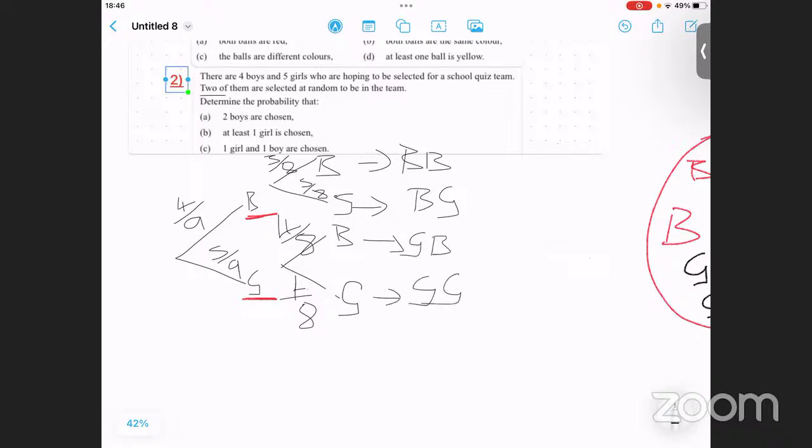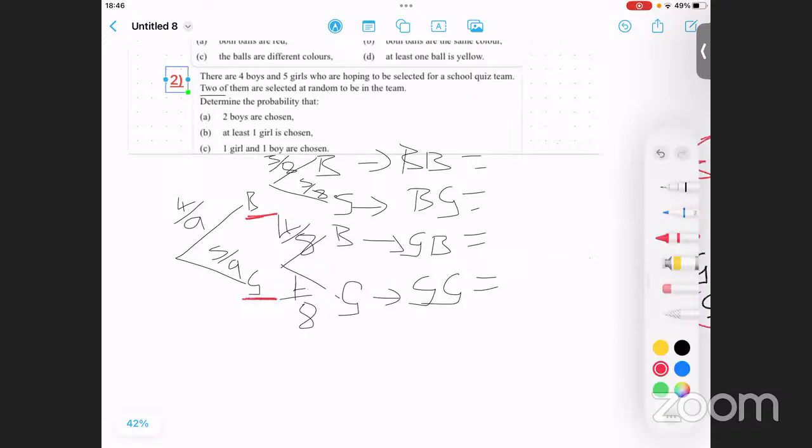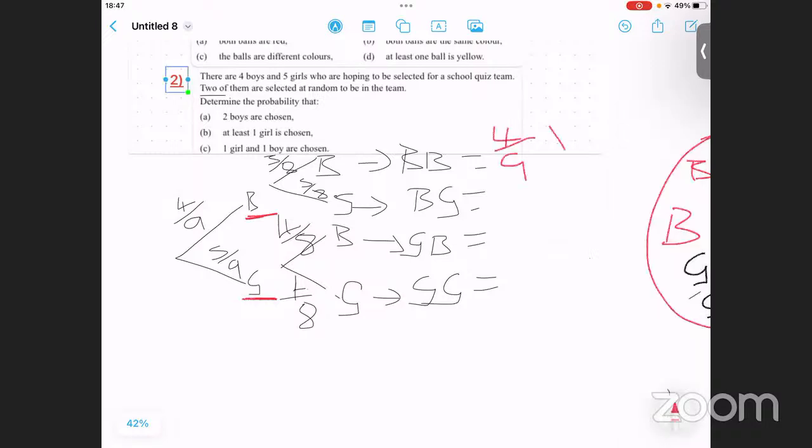Now if you want to know the probability of a boy and a boy, this is what you're going to do. You're going to say 4 over 9 multiplied by 3 over 8. And then here you're going to say 4 over 9 multiplied by 5 over 8.